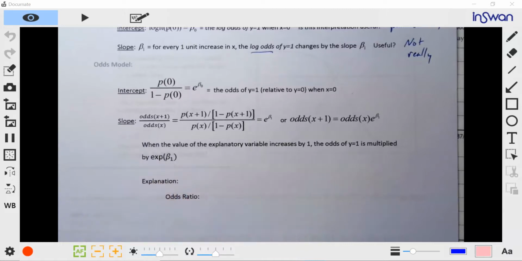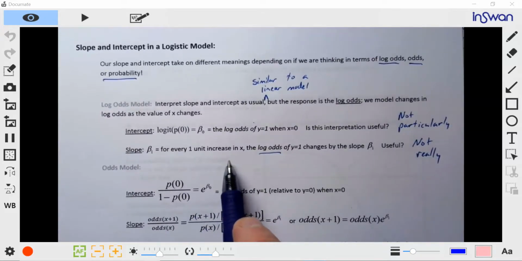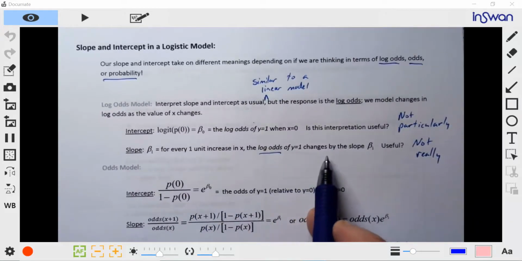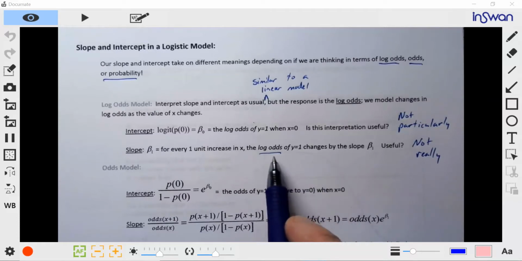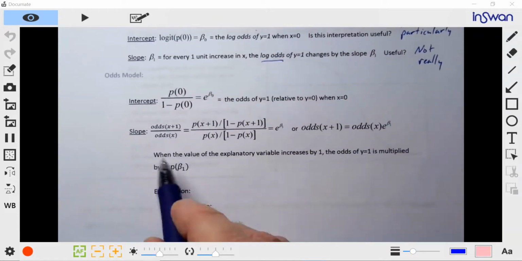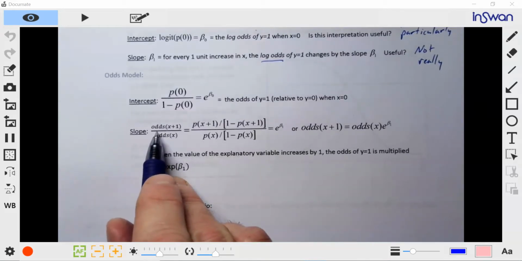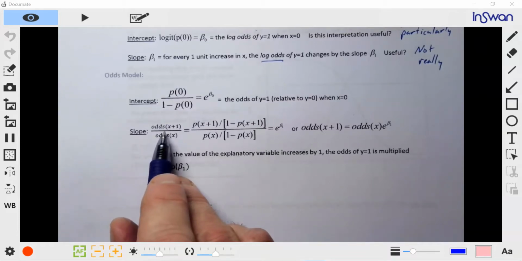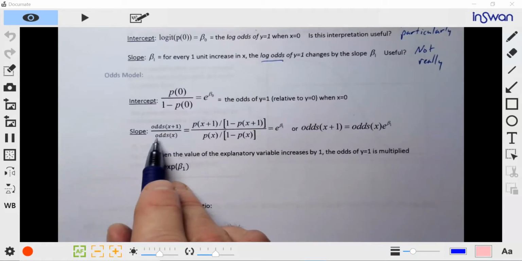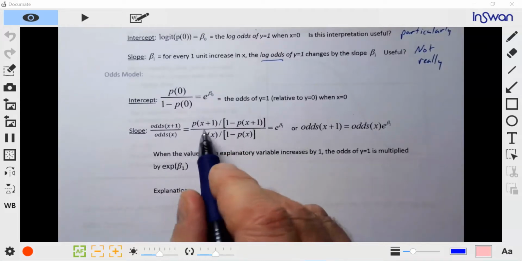The slope on the log odds model is: for every 1 unit increase in x, the log odds of y equals 1 changes by the slope. So let's look at this as a 1 unit increase in x. The odds when x is x plus 1 over the odds at x, we can write in terms of p.